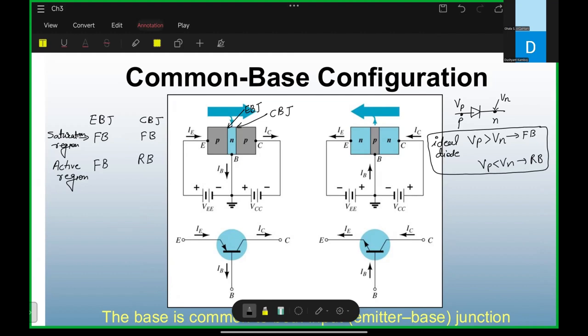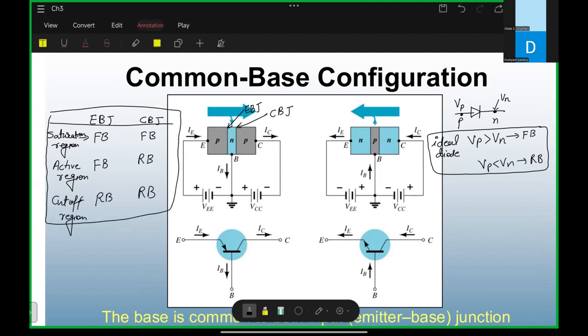You can say almost 2 to 3 true false questions you get from this table. And the last one is the cutoff region. Cutoff region means when both the emitter base junction and collector base junction are reverse bias. Then we can say that is a cutoff region. So this is the most important table.